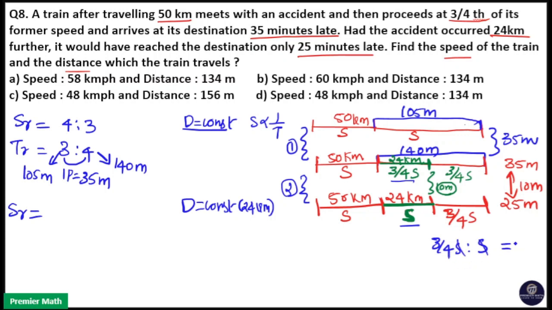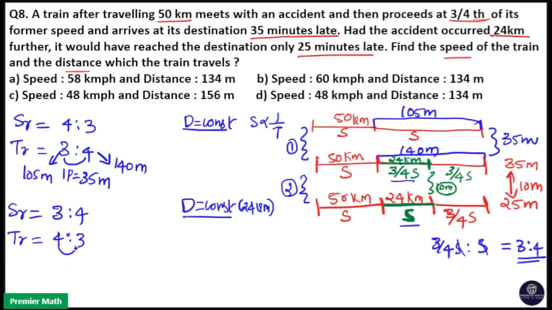Speed ratio will be 3:4 here. Then the time ratio will be the reverse of 3:4, because distance is constant. So the time ratio is 4:3.